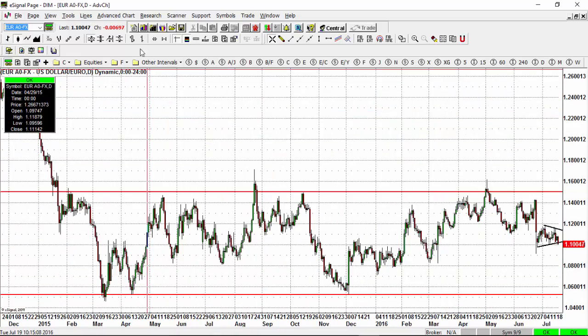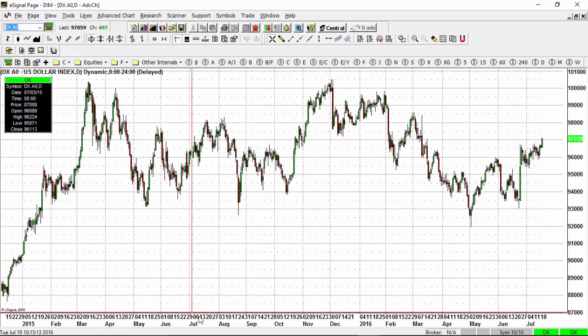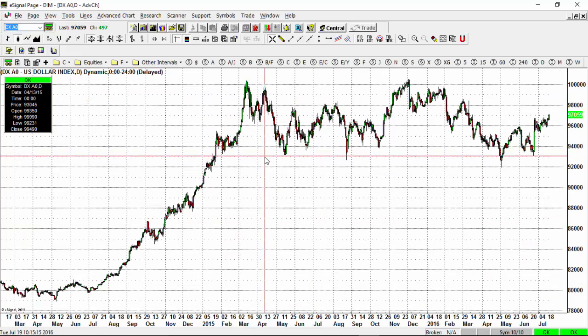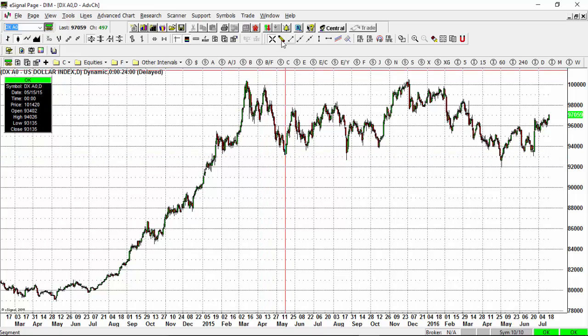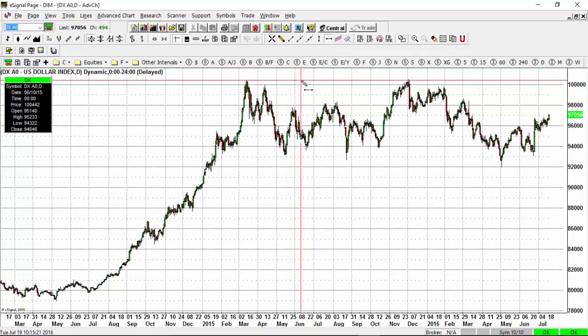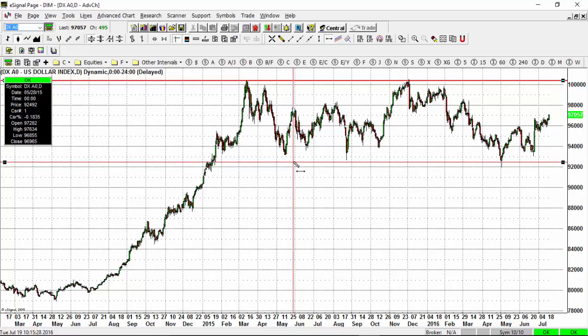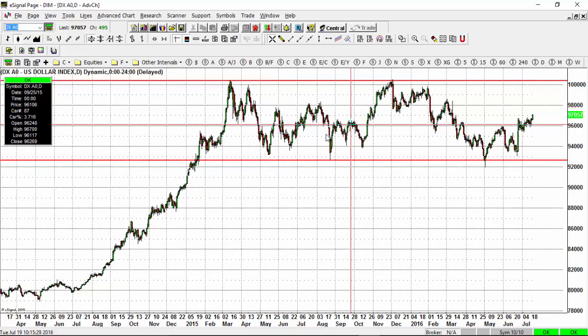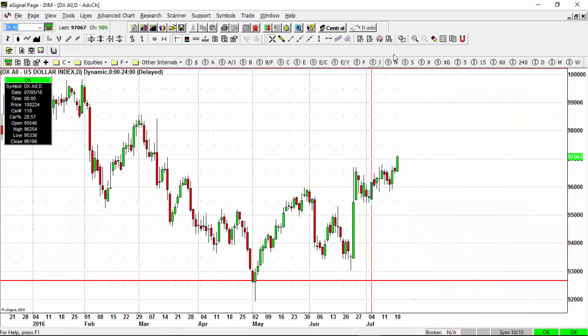Now, contrasting the euro to the US dollar index, as you can see, the US dollar index, this is a composite of all of the major currency pairs, and we see that the US dollar index is also in a broad trading range. Bottom of the trading range here, the dollar was in a channel type situation.